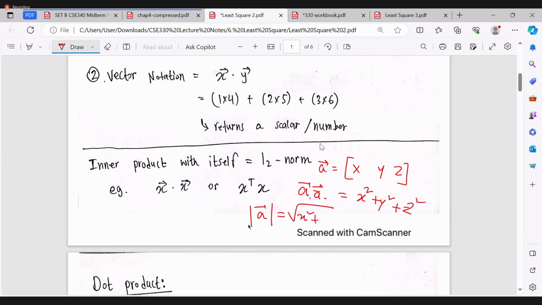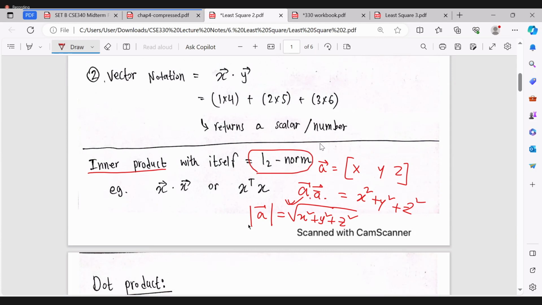Root over x squared plus y squared plus z squared. So if you inner product with itself, that means if you multiply A with A, you get the square term of the magnitude. This is your magnitude.